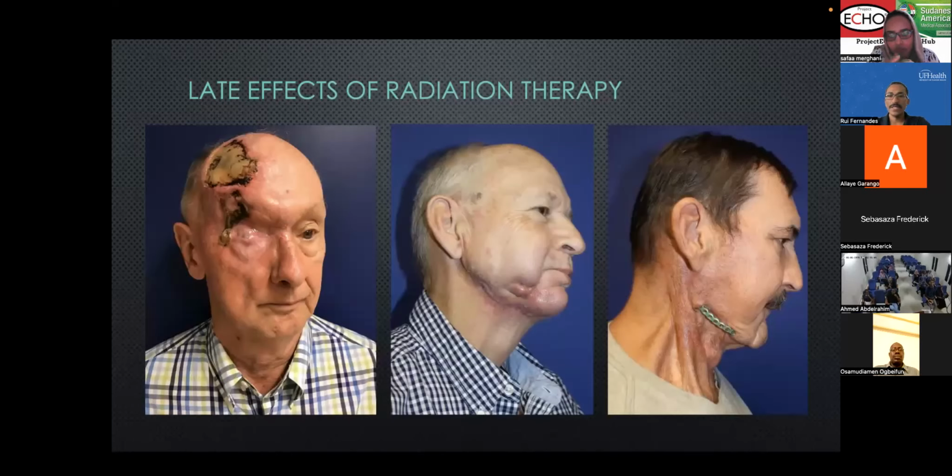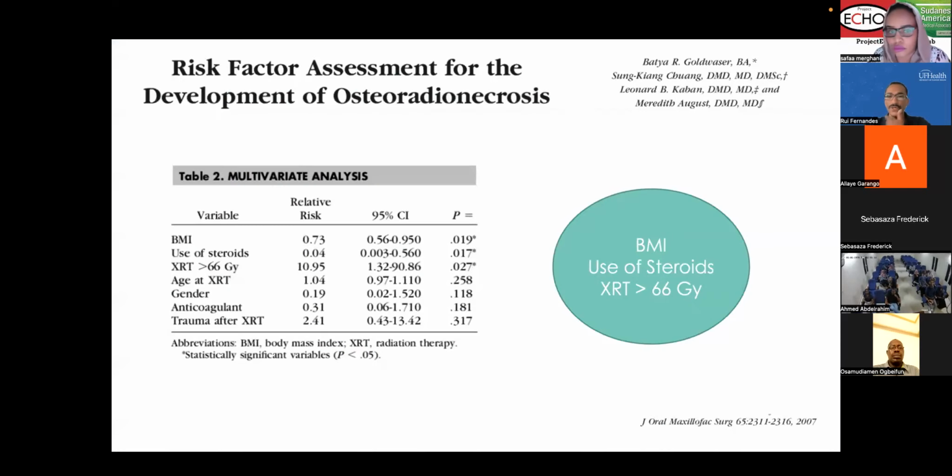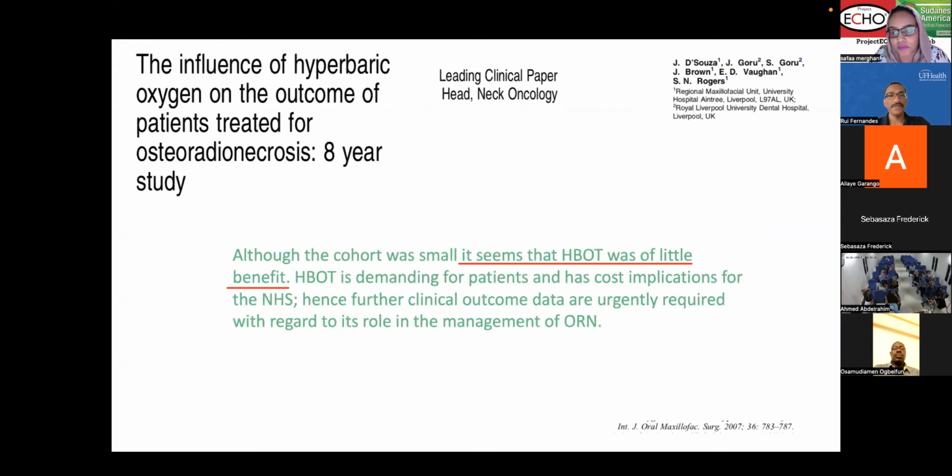The risk of developing osteoradionecrosis is often discussed, and there's multiple literature trying to discern what patients are more at risk, and equally in terms of how you manage that, whether you use HBO or not. This is part from the Liverpool group that saw little benefit of using hyperbaric oxygen.